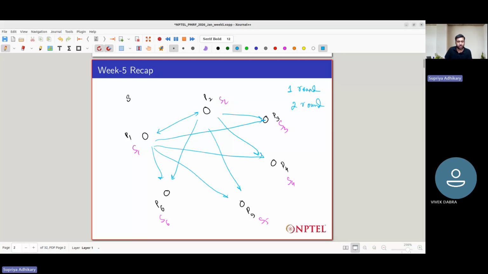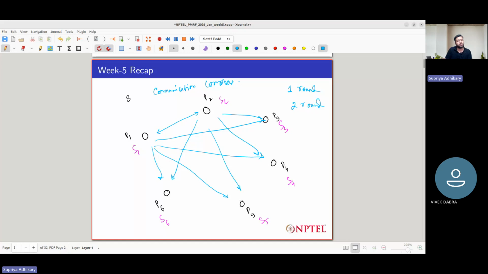Now, when we talk about communication complexity, that means how much data is being communicated in the network. In this network there are 6 parties, and we ask how much data is being communicated. P1 is sending S1.